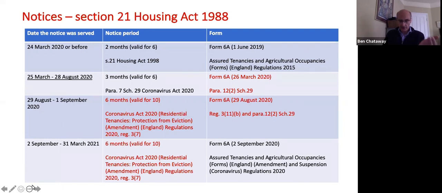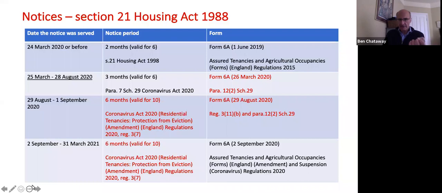So to start off with, we've got the old rules pre-COVID, and as you'll know, there was a 2-month notice period under Section 21 of the Act. And then afterwards, there's a period from March to August when the 3-month rule was applied.